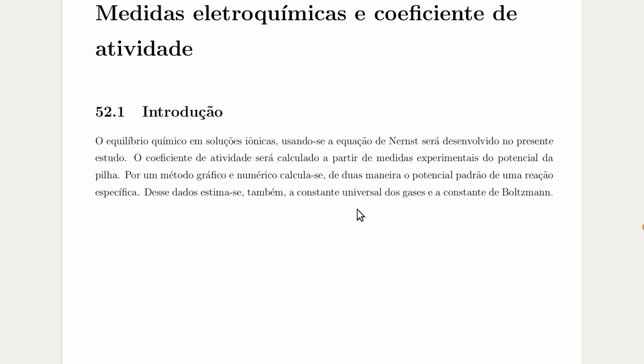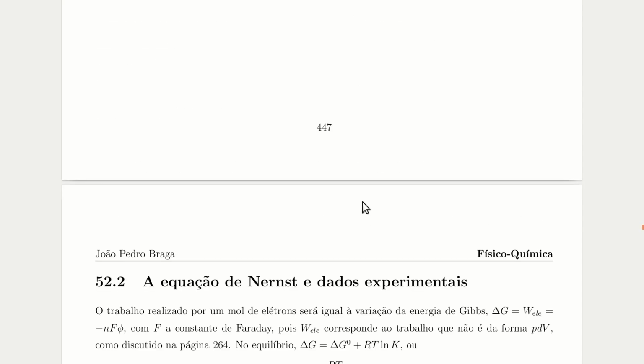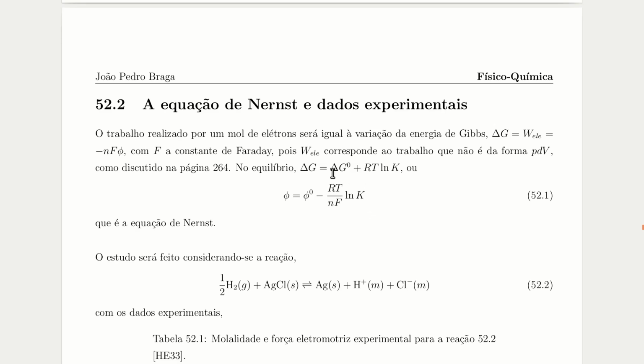So that's Nernst's equation. That's the Nernst equation, which is actually only this equilibrium equation that we have learned in a previous thermodynamics course that relates Gibbs energy to standard Gibbs energy and equilibrium constant.